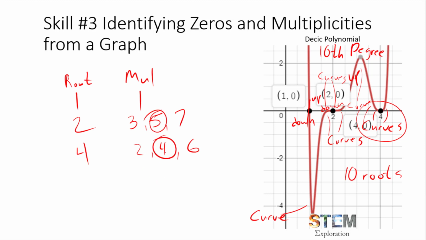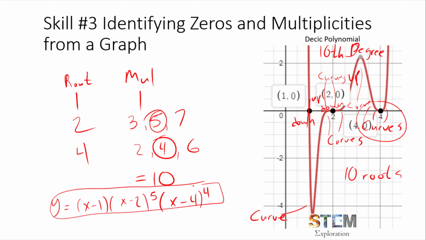We see that 1 plus 5 plus 4, the sum of all the multiplicities, is equal to 10, which matches the power of the 10th degree polynomial. Okay, so again, if I was going to write this out, assuming a leading coefficient of 1, you'd have x minus 1 to the 1st power, x minus 2 to the 5th power, and x minus 4 to the 4th power.